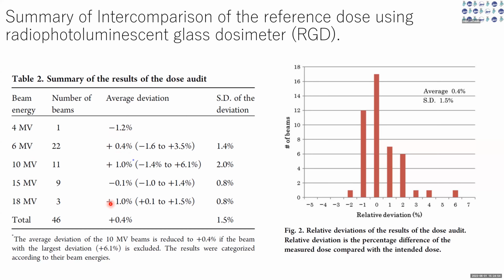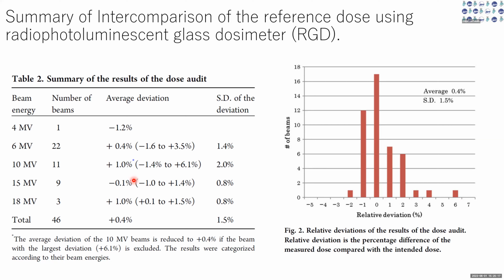But these are limited statistics because the number of the 4 MV and 18 MV beams tested was only 1 and 3, respectively.